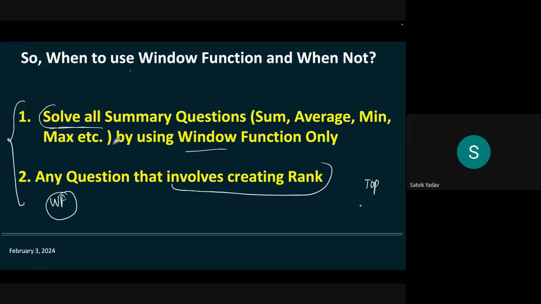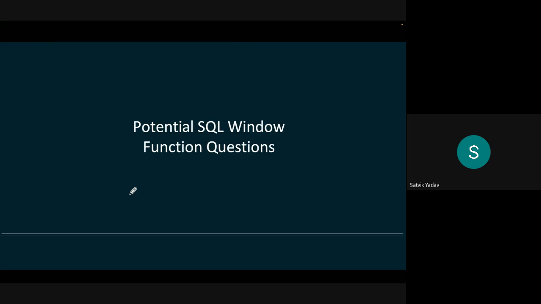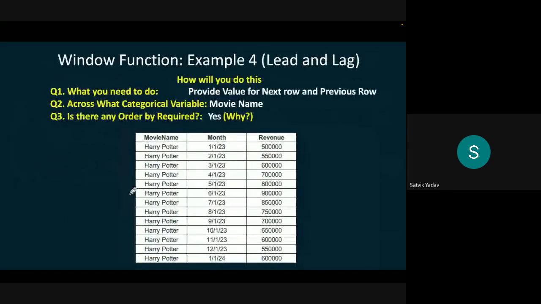This will all be covered in the Art of SQL session, but you should know from now that every summary question, window function. Any question that involves any rank, window function. Make yourself solve all this using window function from now. Yes, subquery also will be done by window function. You don't need to have subqueries. Okay, so now let's go back to window function.